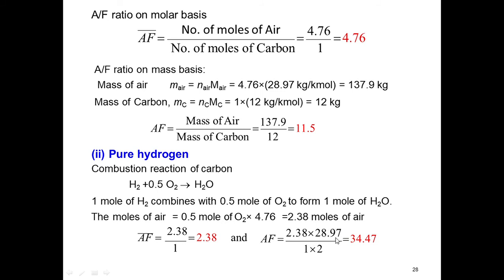So you have that much mass of air divided by mass of hydrogen, which is 1 mole multiplied by 2, the molecular weight of hydrogen. So that will be 34.47. So the air fuel ratio for hydrogen is 34.47. This is how you can find the air fuel ratio on mass basis.